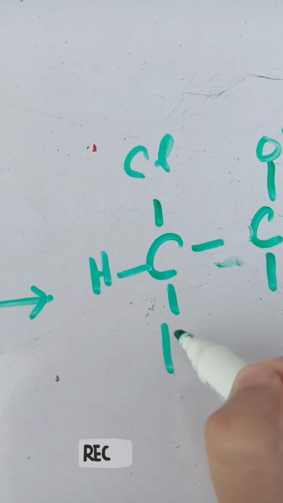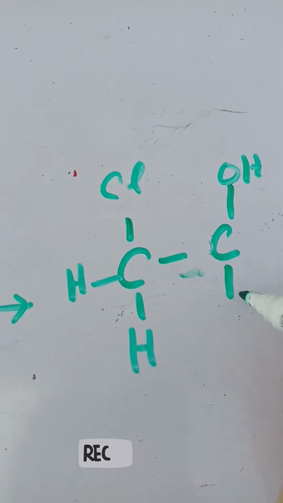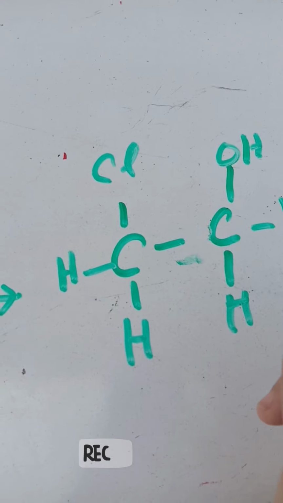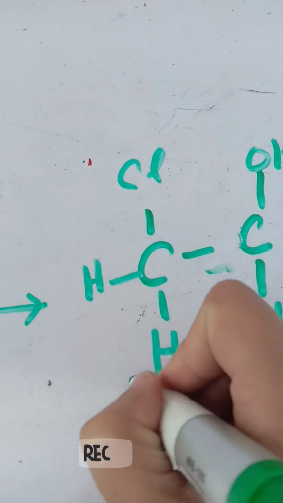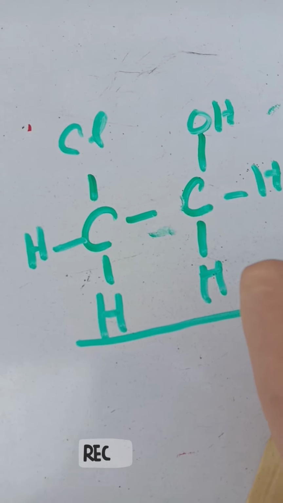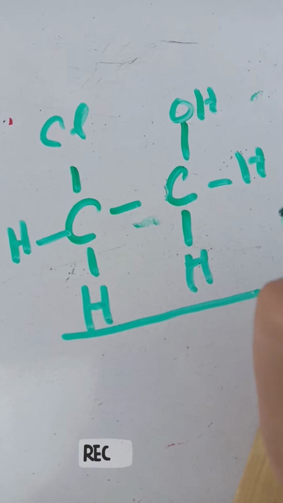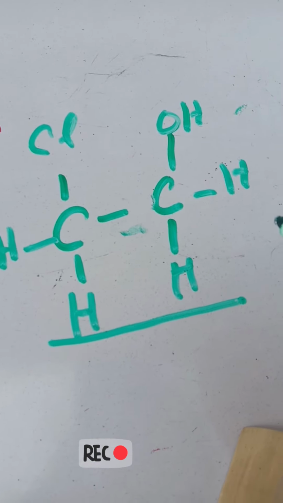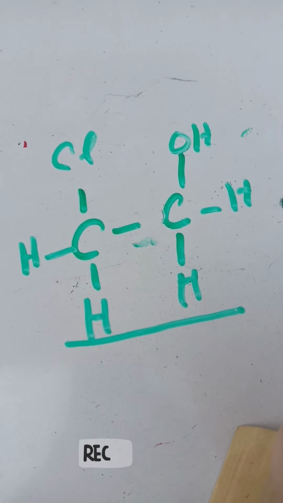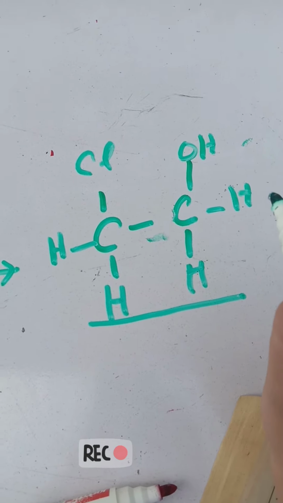To satisfy the valency of the carbon, I'll again draw the hydrogen atoms. This is the end of the third reaction, and the product name is ethylene chlorohydrin, also known as 1-chloro-2-hydroxyethane.